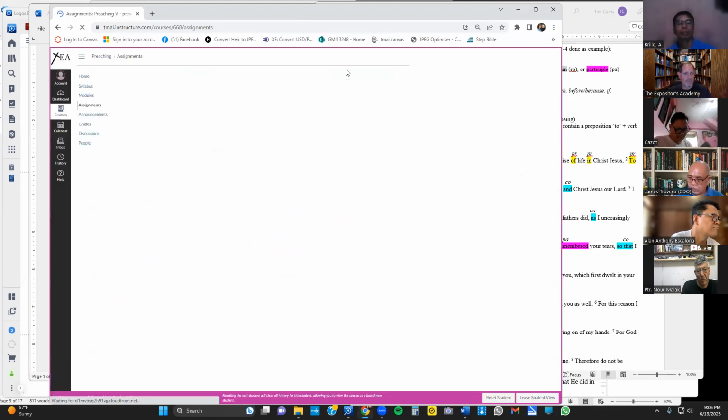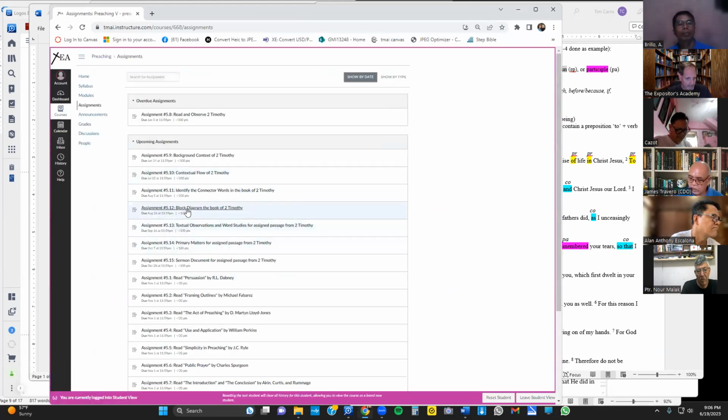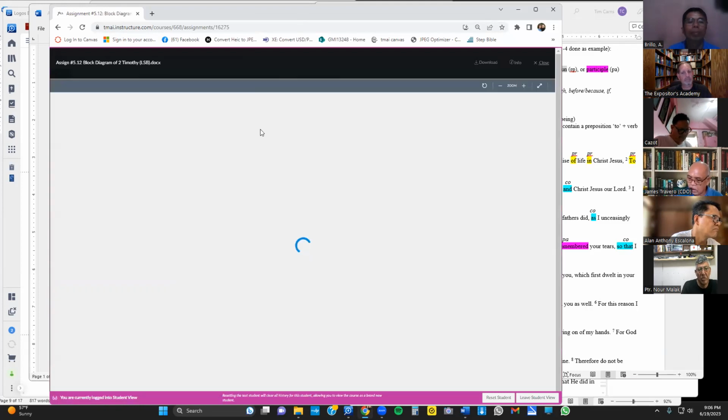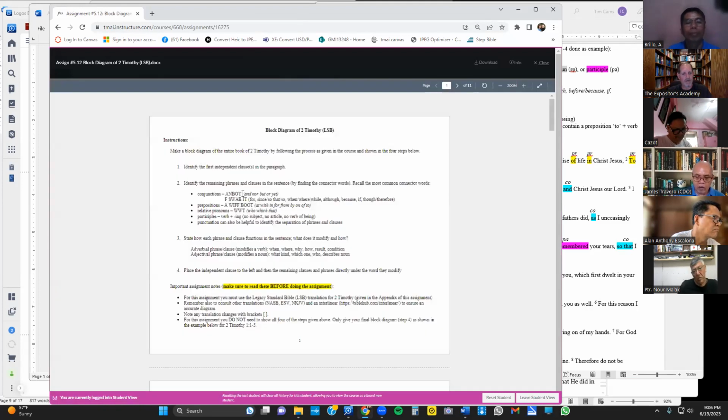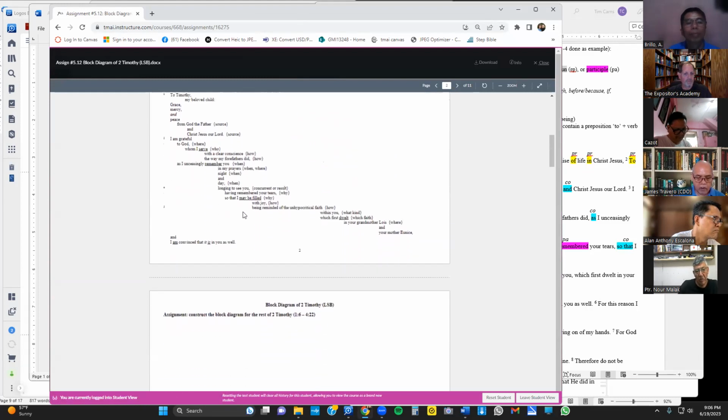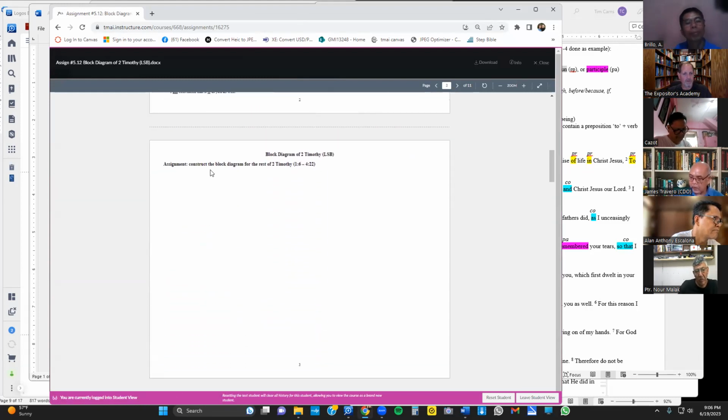And so for the diagram, let me see what I've got for you there. This is the diagramming assignment. All right, so I have an example from LSB, and then for the rest of it, you're just going to diagram, but I'd like you to use the LSB translation.